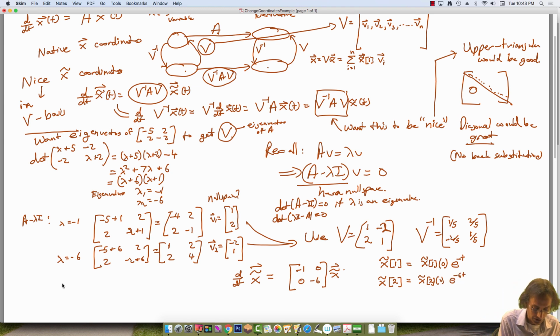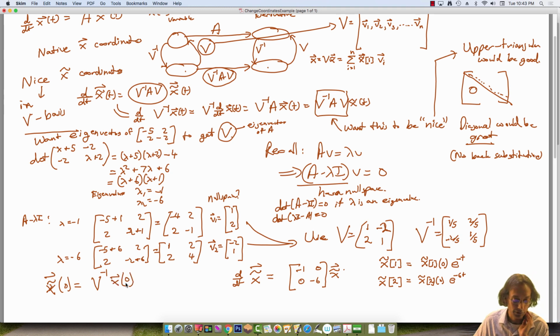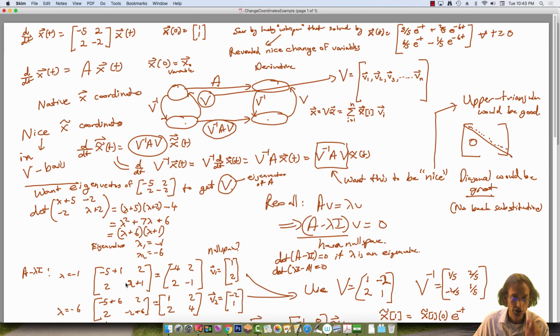So what is the initial condition? Well, let's look at the picture again. To go from the original coordinates to the tilde coordinates, we have to multiply by V inverse. So this is just V inverse times the initial condition for x. Now, in this example, remember, the initial condition for x was 1, 1.